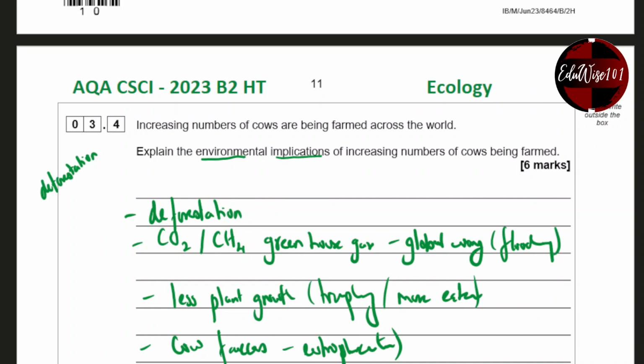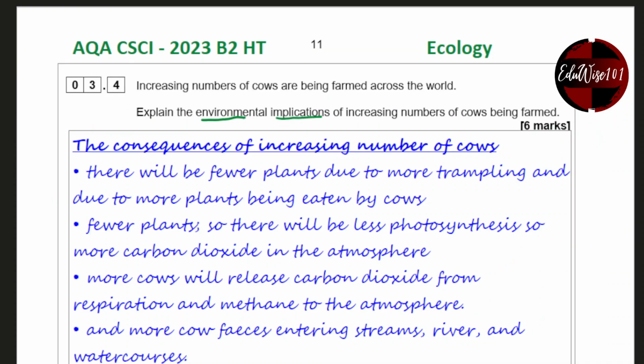So let me show you a model answer. Okay. So the consequences of increased number of cows: there will be fewer plants, not cows, fewer plants due to more trampling and due to more plants being eaten by the cows. Fewer plants, which means there will be less photosynthesis, which means there will be more carbon dioxide in the atmosphere.